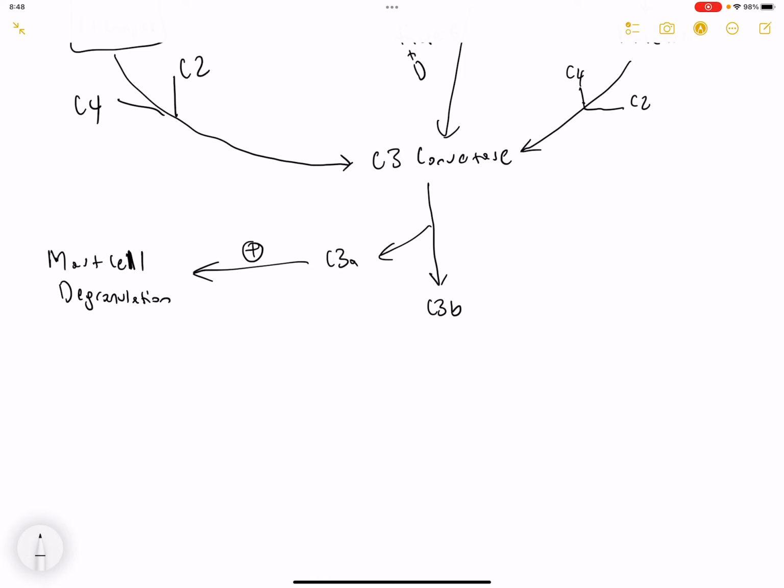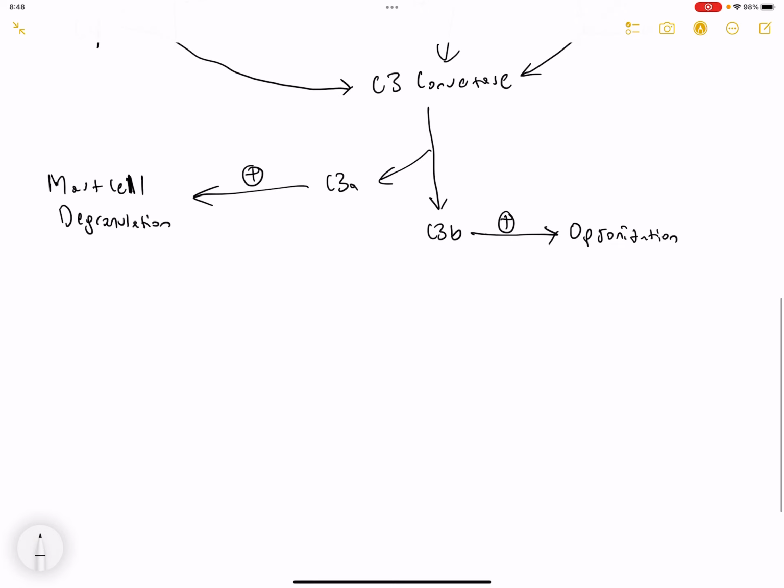C3B is going to do two things. It is going to upregulate opsonization, which is essentially going to increase the phagocytosis ability of phagocytes. C3B is also going to contribute to the formation of C5 convertase.